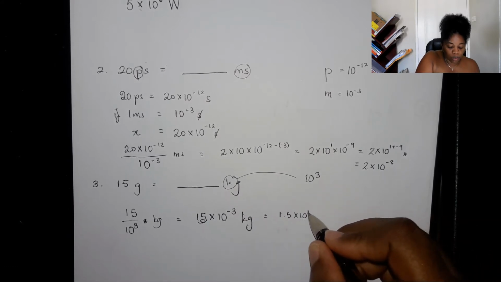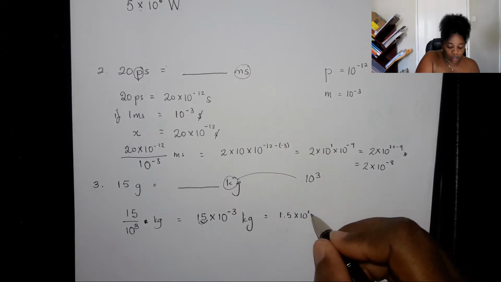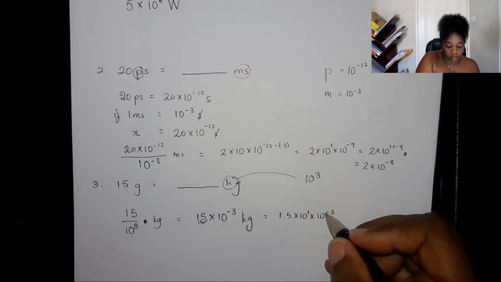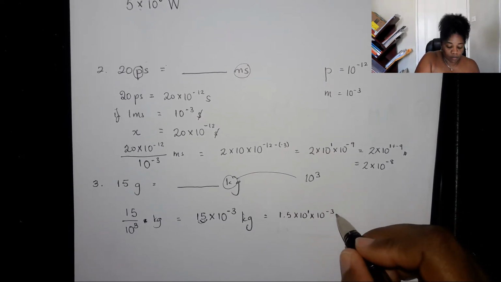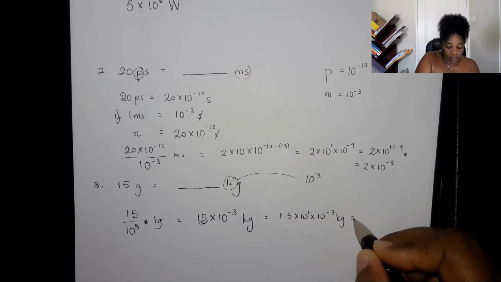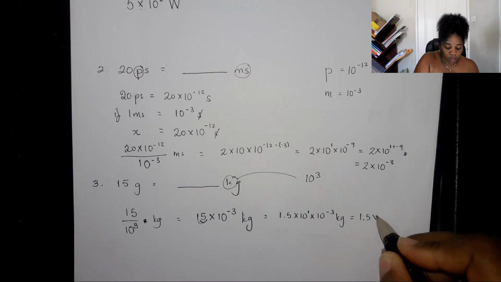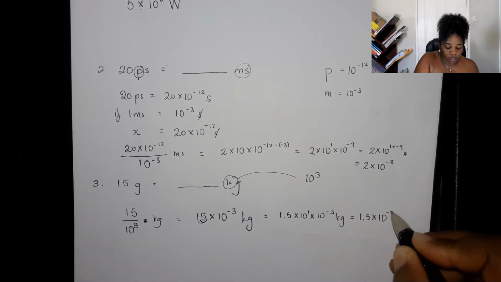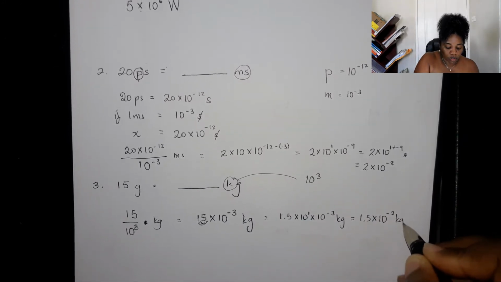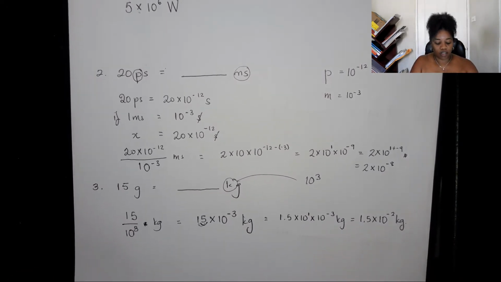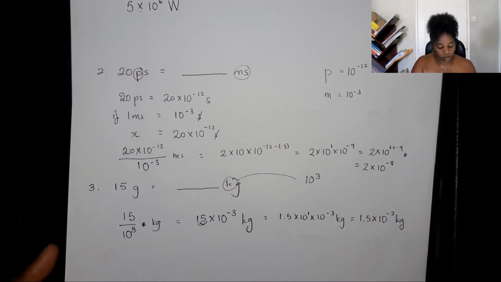So you're going to put a positive 1 right here, times 10 to the negative 3. And from there, you have kilograms right here. So you're going to have 1.5 times 10 to the negative 2 kilograms. Okay? So that should help you through.